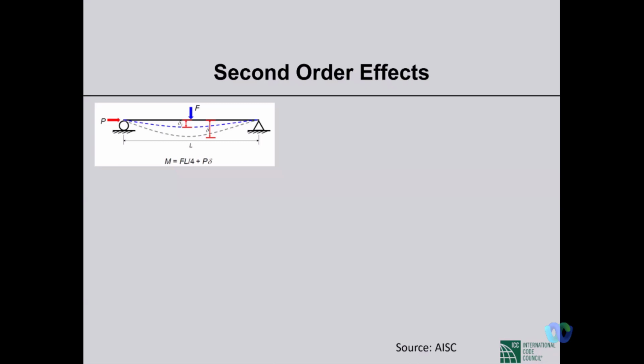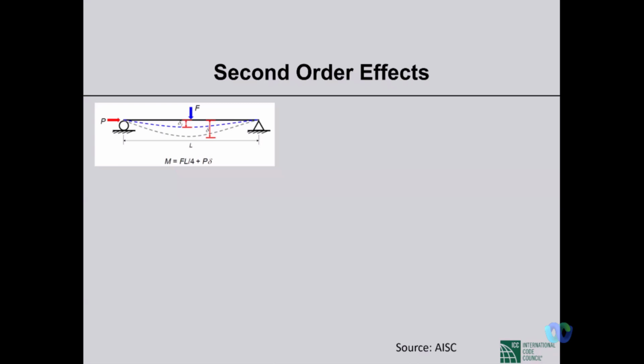The moment diagram, right? From the moment diagram, using the unit load method or virtual work method or elastic load method or direct integration method, whatever method you follow, if we want to calculate deformation, then we need the bending moment. So with the FL by 4 maximum bending moment at the mid span, we'll get delta 1.